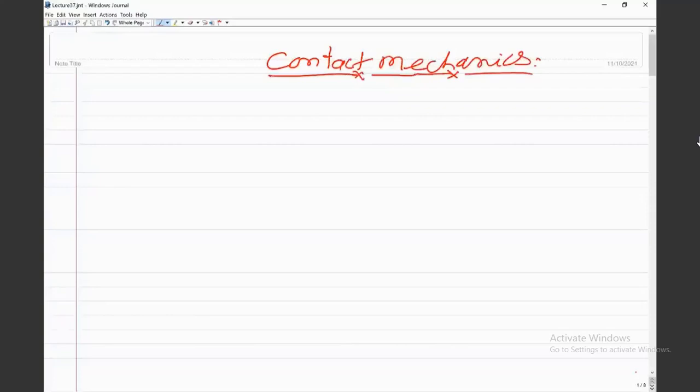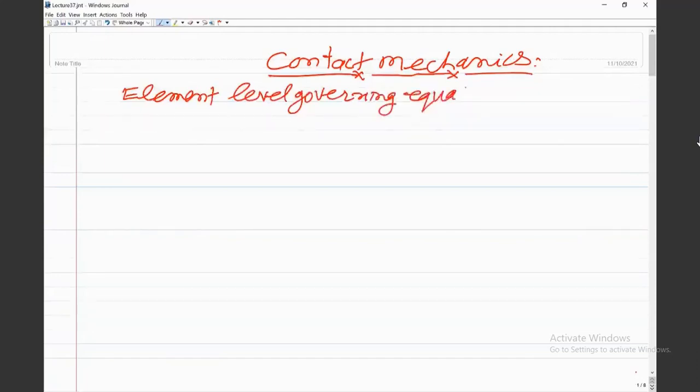So last class we did the element level governing equations based on Lagrange multiplier approach, and today I am going to develop the element level governing equations based on penalty approach.